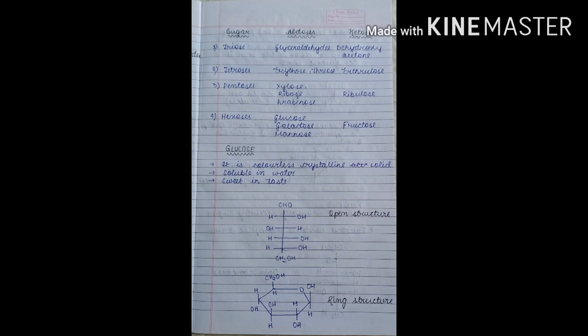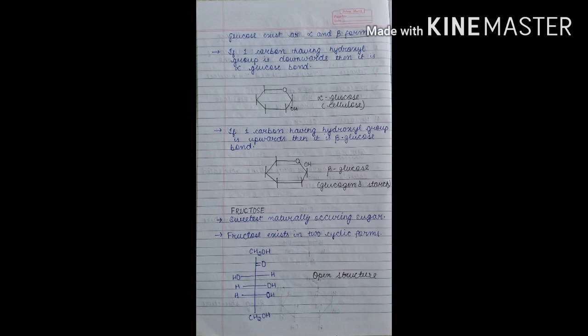Now let us learn about glucose in detail. Glucose is a colorless crystalline solid, soluble in water, sweet in taste. The structure of glucose is as follows. Glucose exists in alpha and beta forms.